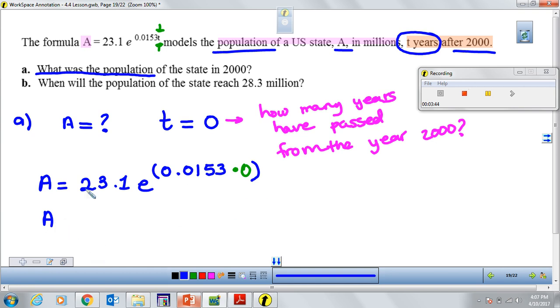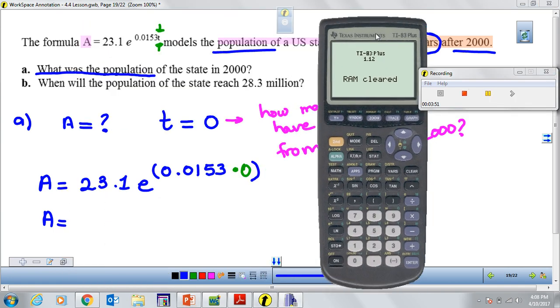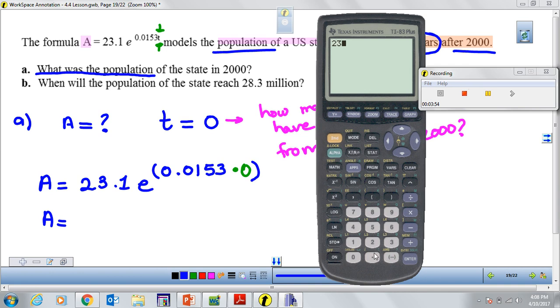So what you do is just enter all this into your calculator. Here I have my calculator, and all I'm going to do is 23.1 times E raised to 0.0153 times 0. So that's 23.1 million.